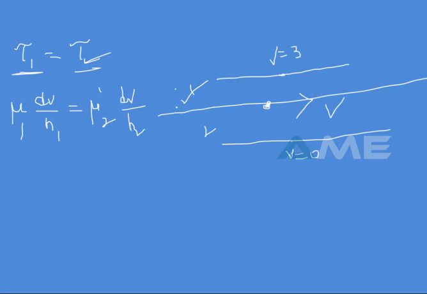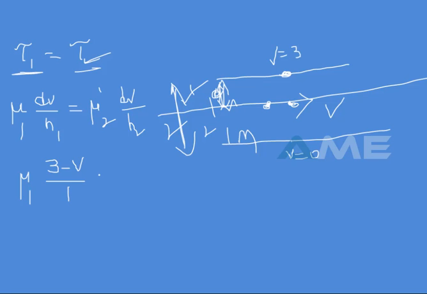What is the change in velocity in fluid 1? The final velocity is 3 and the initial velocity is v. Divided by the height, which is already given in the figure. The total height is 2, which is 1 meter for this fluid and 1 meter for the other, so it is 1.